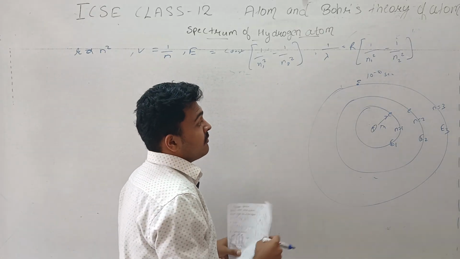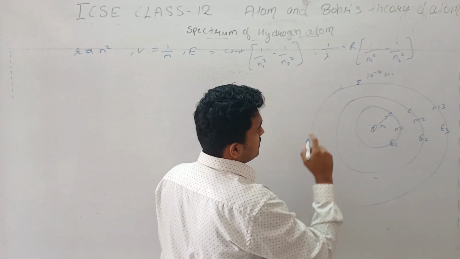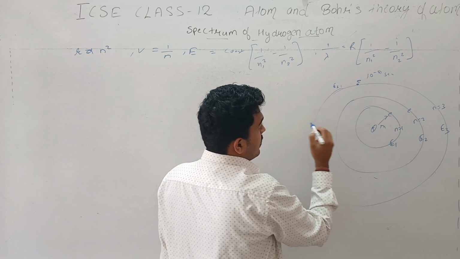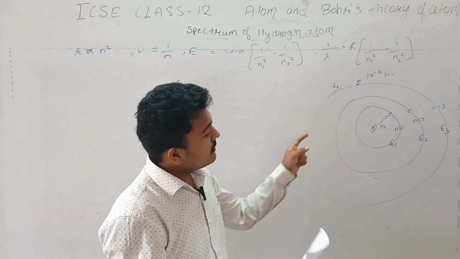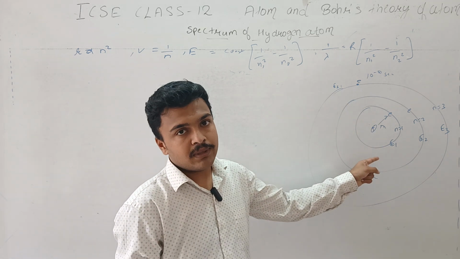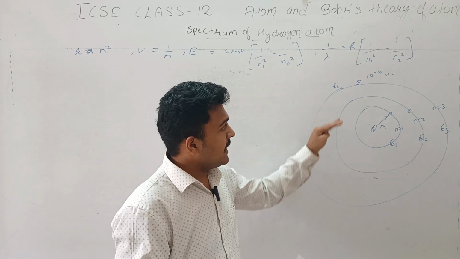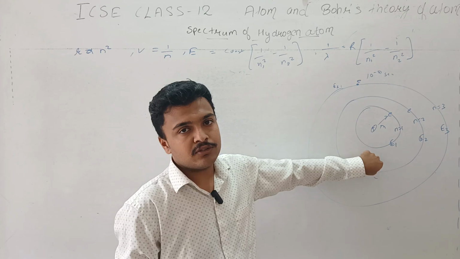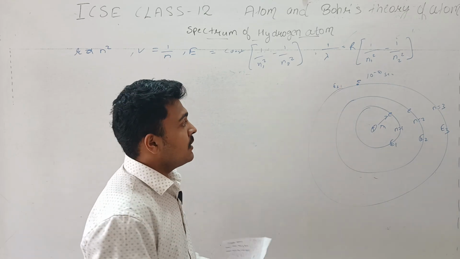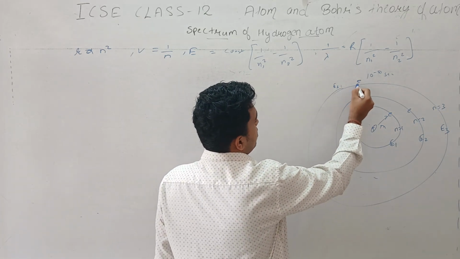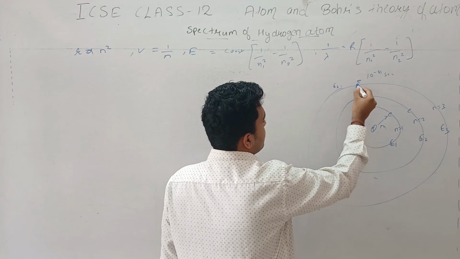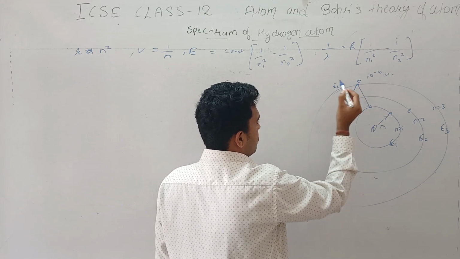The energy of this orbit is E3, and now it can come to the second orbit or to the first orbit. We don't know which, that is a random phenomenon. So there are two possibilities: it comes to the first orbit, or it comes to the second orbit.